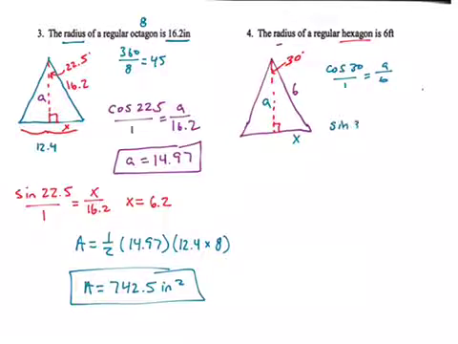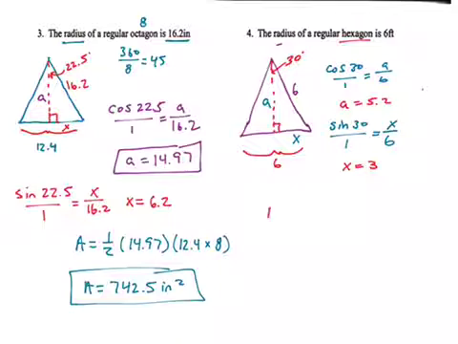And then we've got sine of 30 equals X over 6. The apothem is 5.2, where this portion of the side length is going to be 3, so the entire side length is 6.